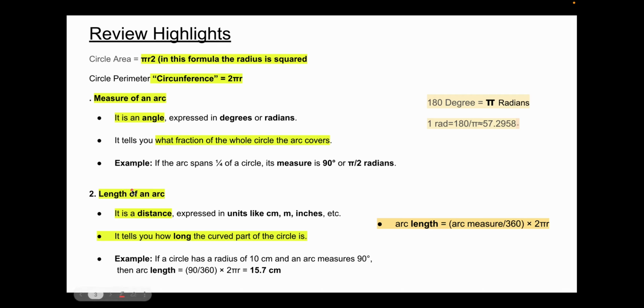Now, the length of an arc is a different case. It's a distance expressed in units, whatever the unit is: centimeters, meters, inches, yards, miles. Arc length is equal to the arc measure, which is the angle, divided by 360 times 2 pi r.